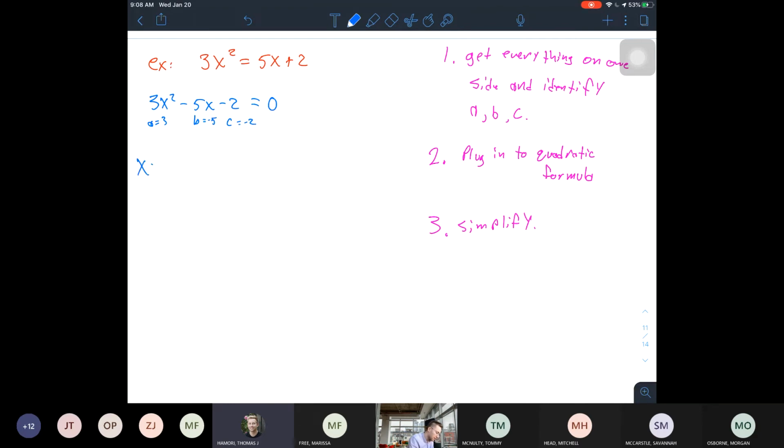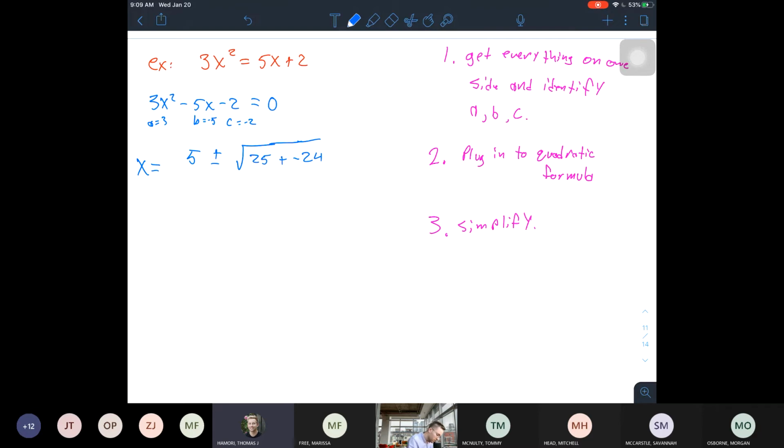So we get x is equal to negative b, that's +5, plus or minus the square root of b squared, which is 25, minus 4 times 3 times -2. So that's going to be negative 4 times 3 is 12 times 2 is 24. So that's just 4ac there.